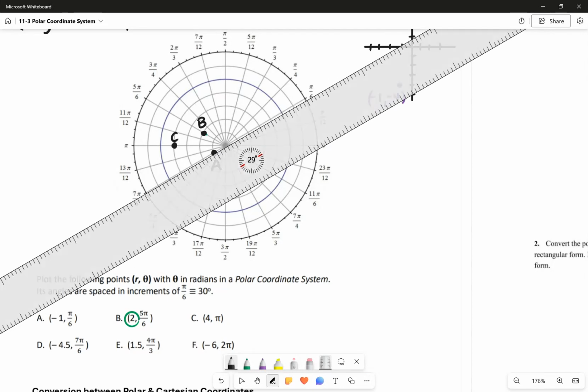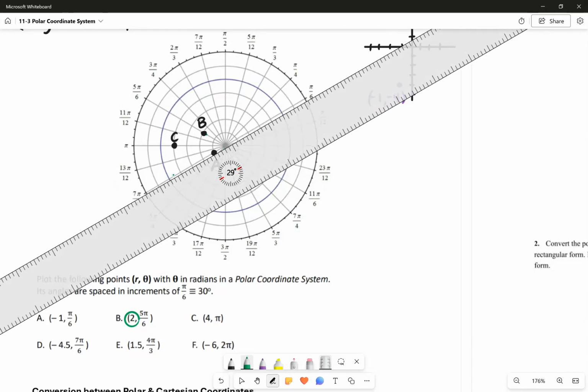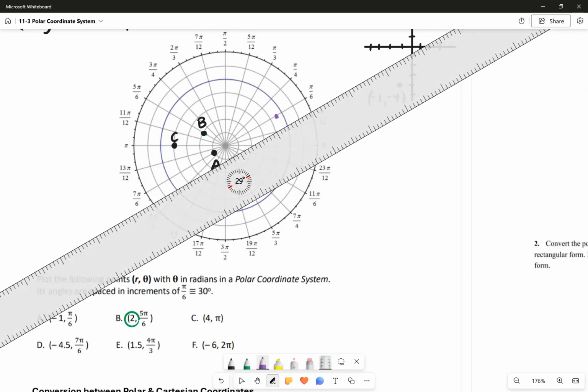Okay. I'm not going to stay on this side right here because my R is negative. So I'm going to walk away and go 4.5 negative. So 1, 2, 3, 4.5 negative right here.